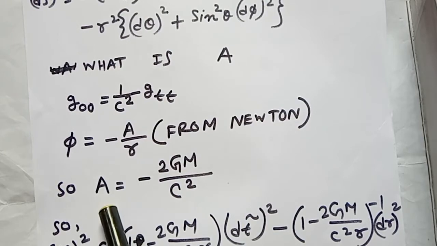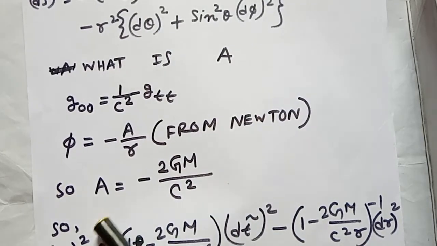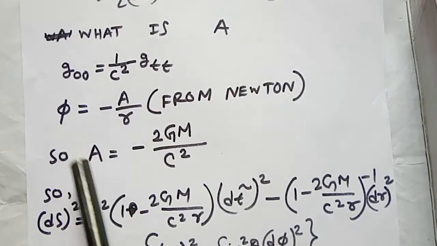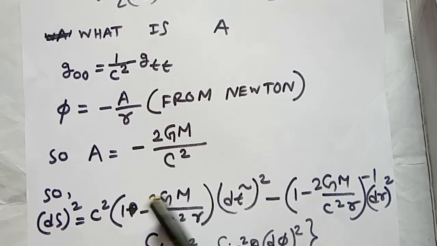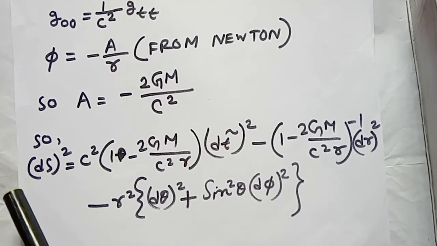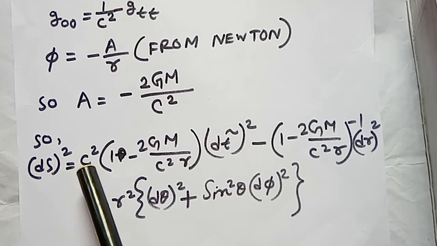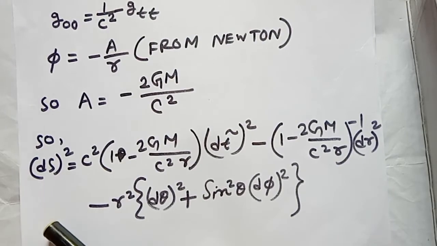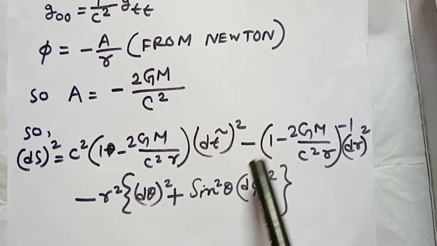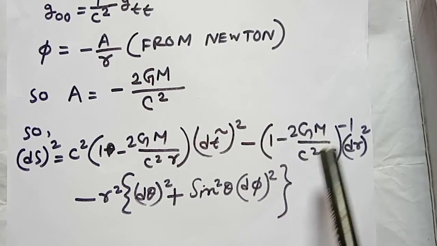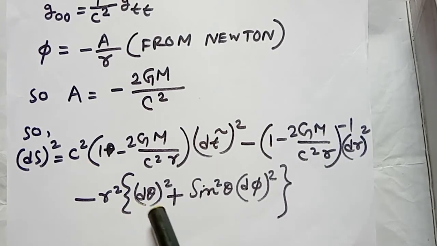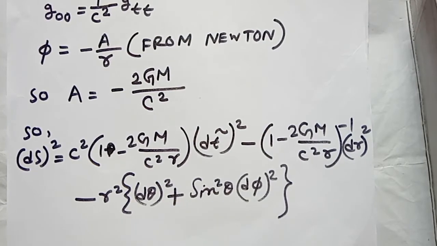We know earlier that a equals minus 2GM divided by c squared, and putting that value of a in the metric, we have ds squared equal to c squared, 1 minus 2GM over c squared r, dt tilde squared, minus the inverse of 1 minus 2GM over c squared r, dr squared, minus r squared, d theta squared plus sin squared theta d phi squared.